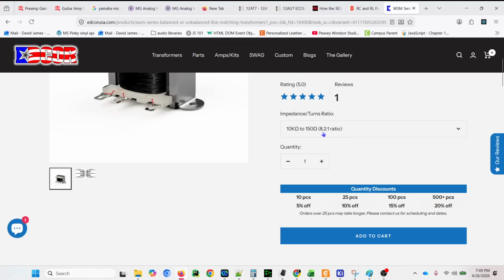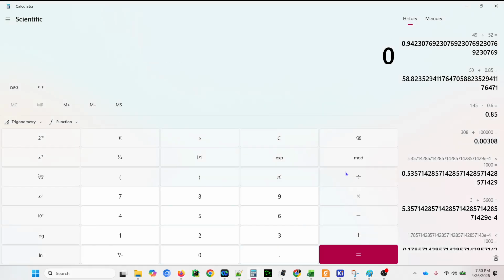What we do is divide the output impedance by the square of this ratio. So we'll take our calculator and say 8.2 squared, so that's 67.24.